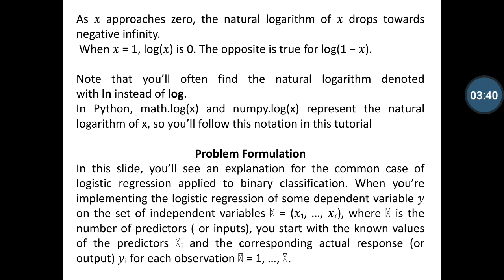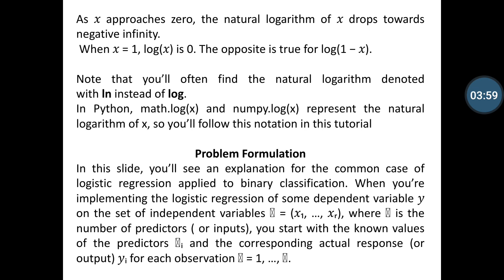As x approaches 0, the natural logarithm of x drops towards negative infinity. When x is equal to 1, log x is 0. The opposite is true for log of 1 minus x.